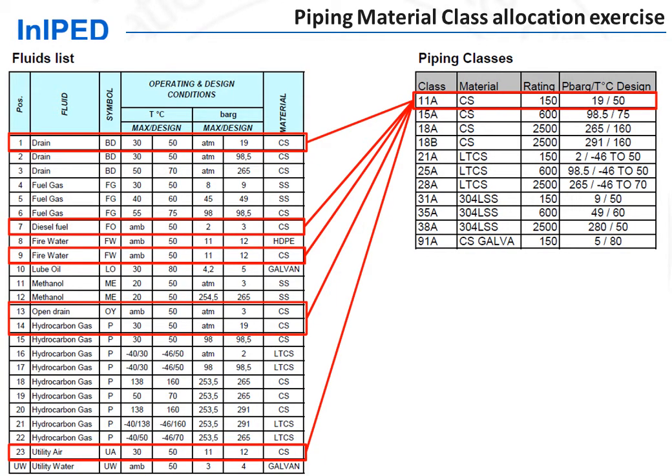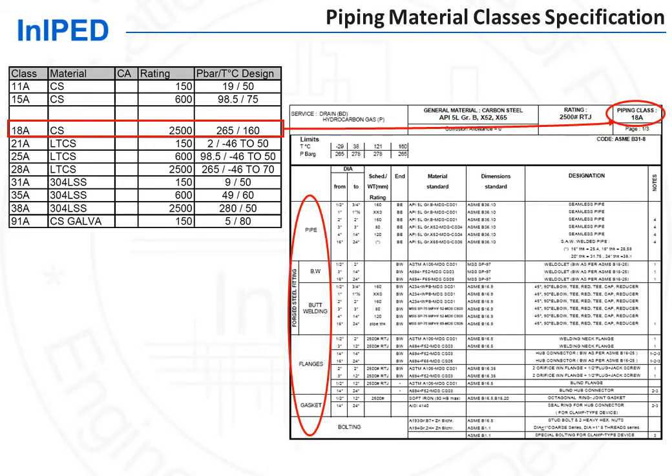This is done by grouping different services shown on the process fluids list in classes of identical piping materials called piping classes. For each piping class, a detailed piping material class specification is issued.